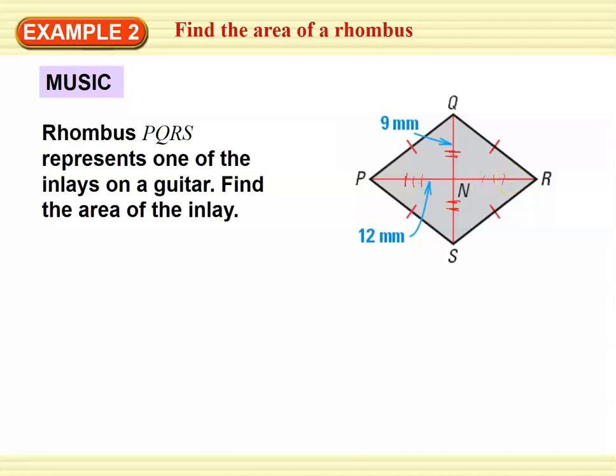Okay, kite, they don't bisect each other, but one of them is bisected. The one that connects the two congruent angles will be bisected. So just kind of keep those things in mind. So here, we're given this length right here is 9 millimeters, which means that the actual diagonal is 18 millimeters.